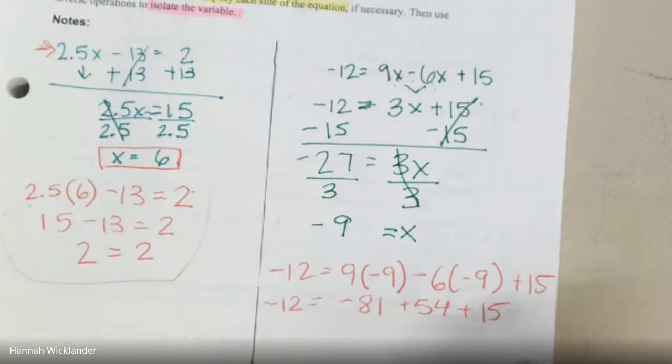So 54 plus 15 gives me 69 minus 81 equals negative 12. And then 81 minus 69 gives me negative 12. So negative 12 does in fact equal negative 12. My solution checks out.